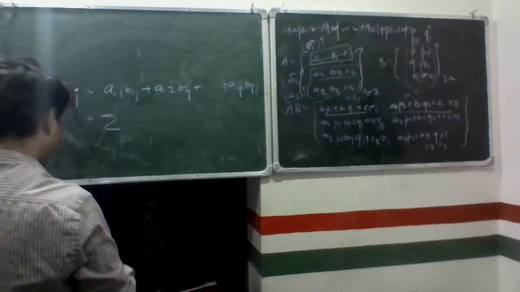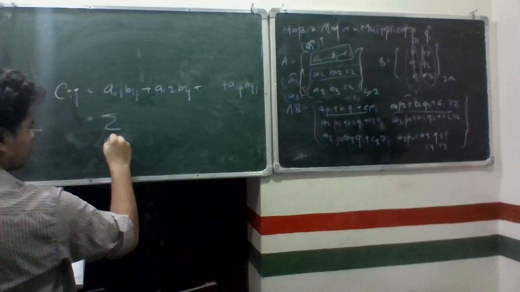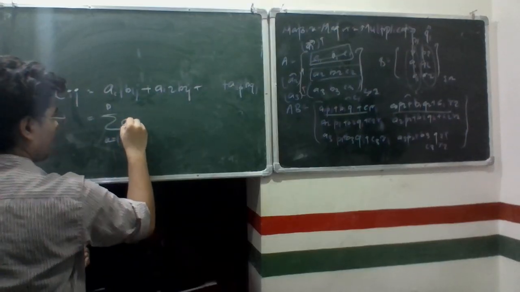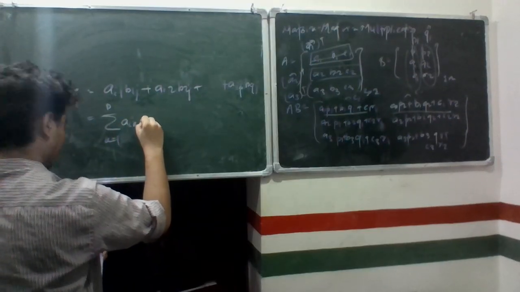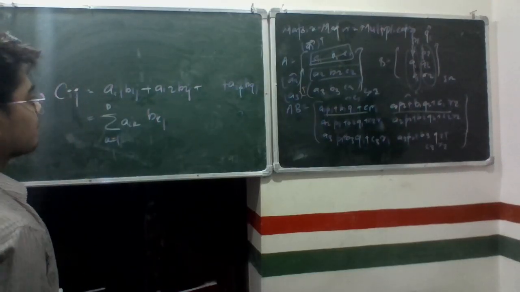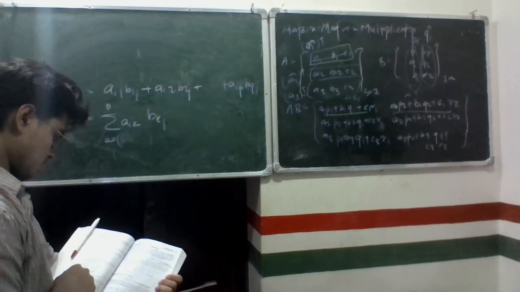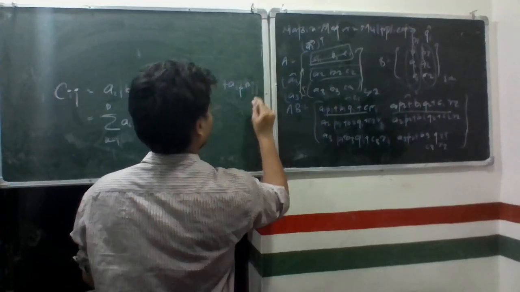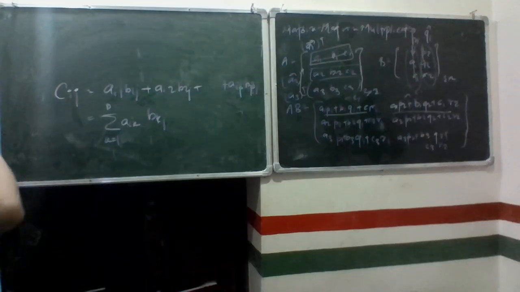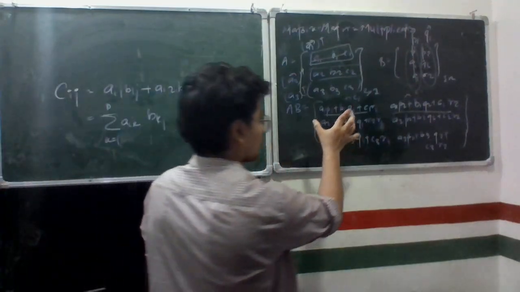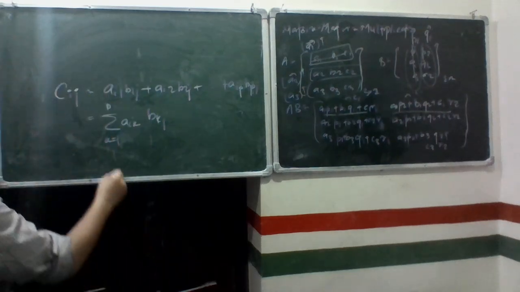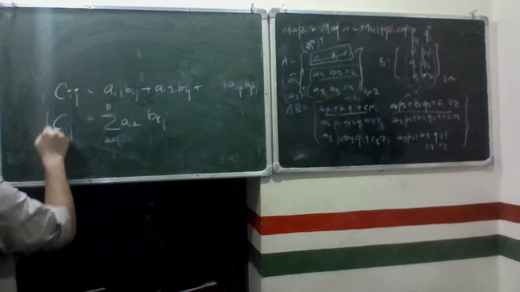As a whole this can be written as the sum for k going from 1 to p of Aik Bkj. Every single component of the matrix can be written in the form of this.